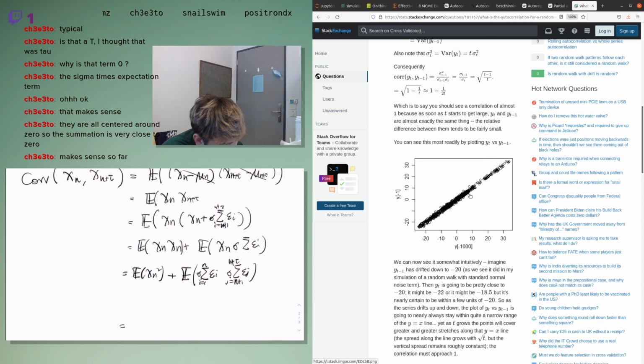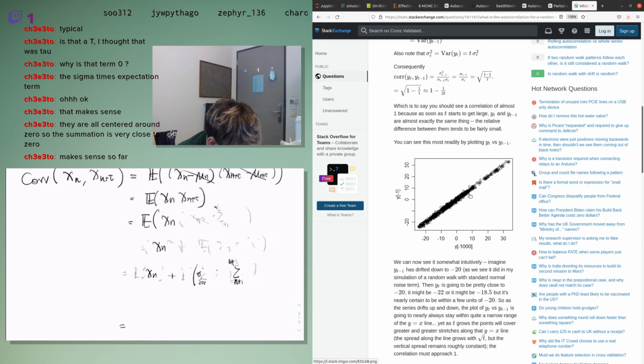Oh no! My notation is, or rather it's not accurate here. No, this is not right. Okay, hold up.